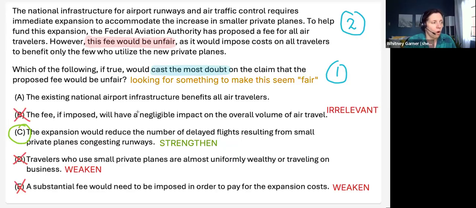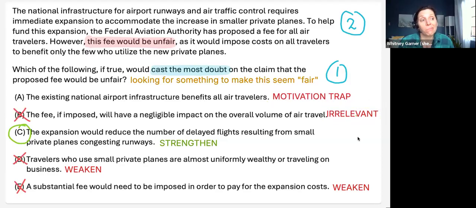A is what I call a motivation trap. Motivation traps are really common in plan problems. It's a very common wrong answer when the question is asking about the viability or possible usefulness or success of a plan. Notice the argument doesn't say, should we have the plan? Should there be a fee? It says a fee is unfair.